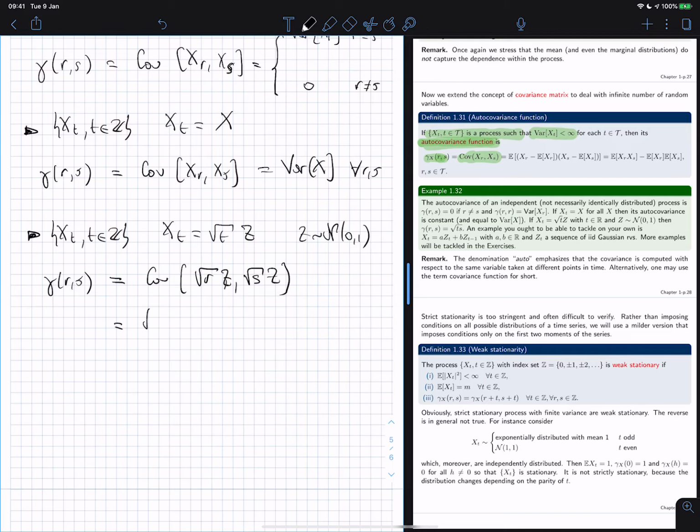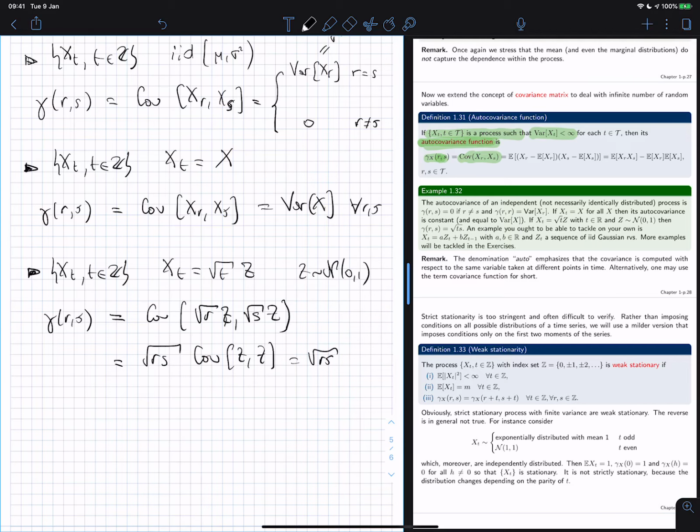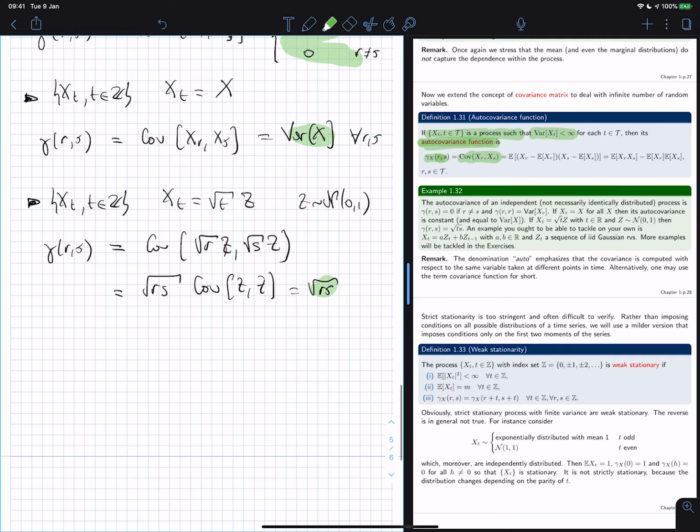Then this is just going to be square root of r times s times the covariance of Z with itself, which is just going to be square root of rs. So you see it's a very different function. This function here is very different from this one, and it's very different from this one. I guess that's still okay. You give me a shout if it's not.